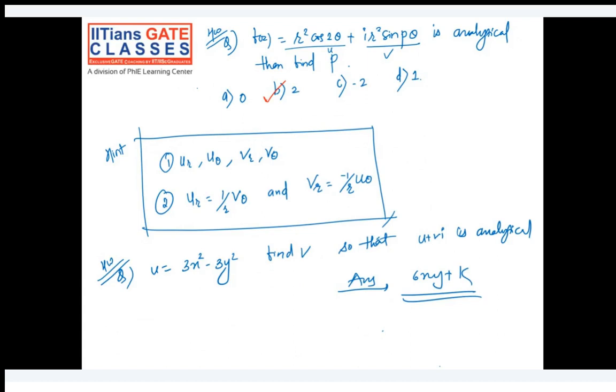The options, if you want: option A is 3y square minus 3x square plus k. B is 6x minus 6y plus k. Option C is 6y minus 6x plus k, and this is option D. So these are the options. Option D is correct in this case.